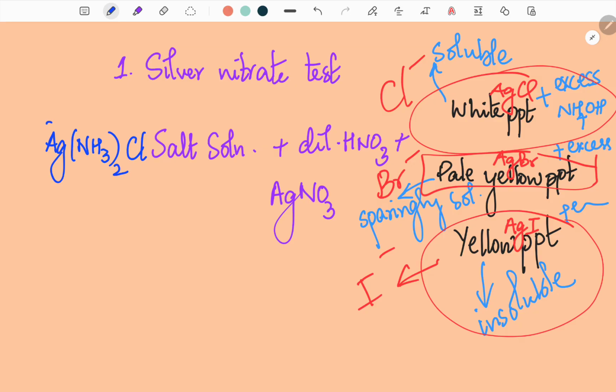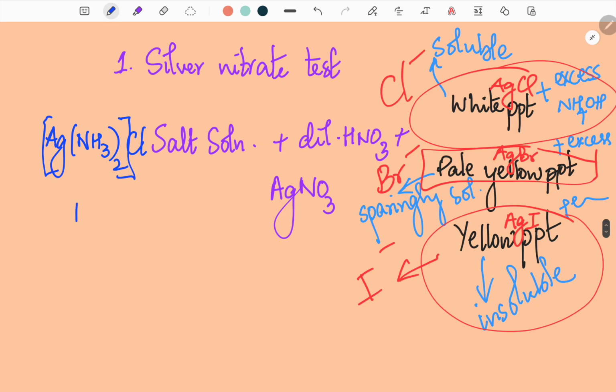Now those who are in grade 11, you might not know what is a coordination compound. So you don't need to actually learn this right now. You can learn it in grade 12, but you can just make a note of this point, and you can try to learn at least the name of the compound.